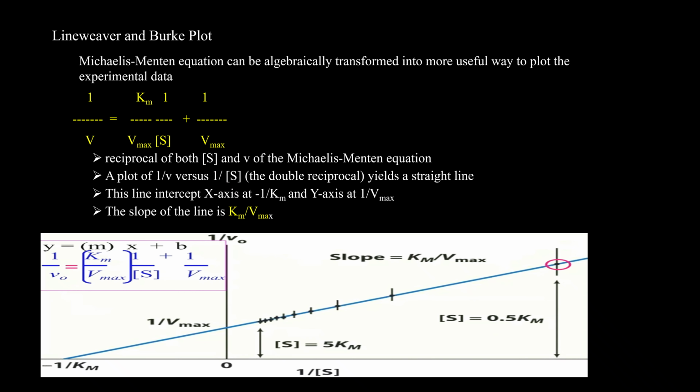The line intercepts the x axis at -1/Km and the y axis at 1/Vmax. Significance of Km: the Km value varies with different substrates. If an enzyme has a very low Km, it has a high degree of affinity, allowing more accurate determination of Vmax and Km.